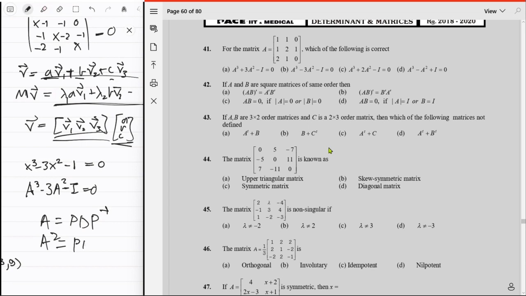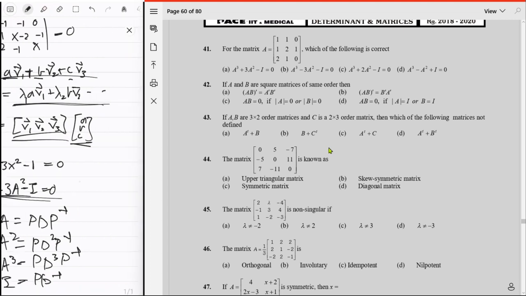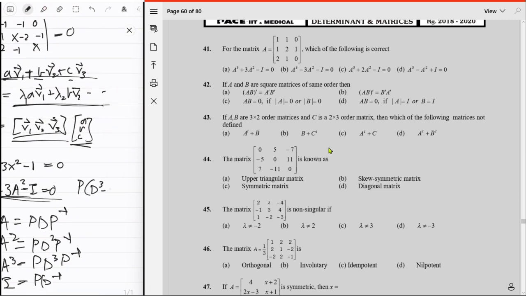And then A cubed would just follow the same pattern, P D cubed P inverse. And of course the identity matrix is just P times P inverse. So you can write this complete left hand side as P on the left and P inverse on the right, with the diagonal matrix sandwiched between: D cubed minus 3 D squared minus the identity matrix.